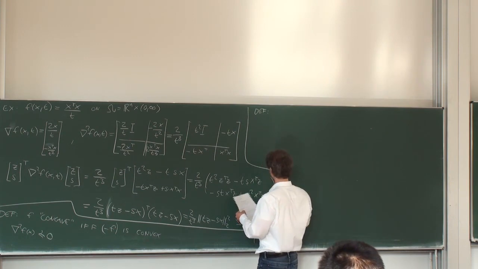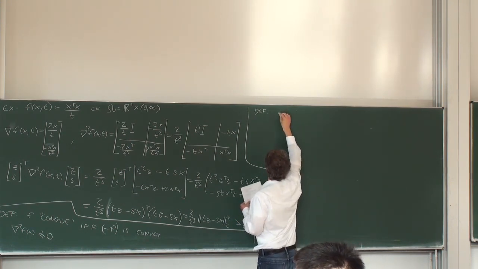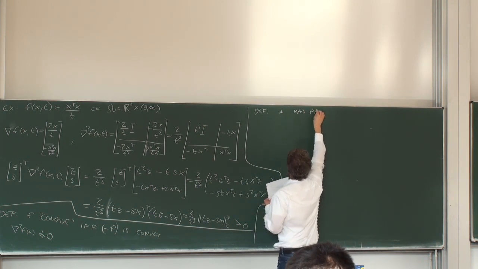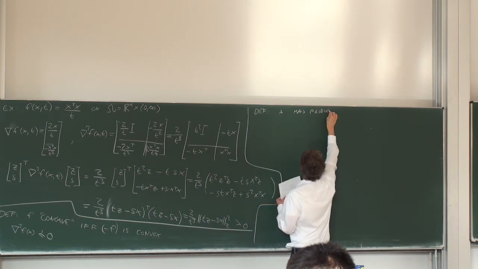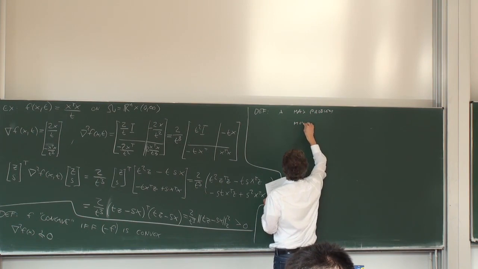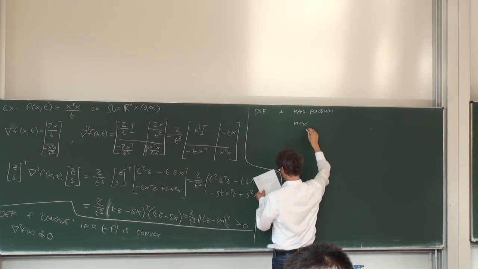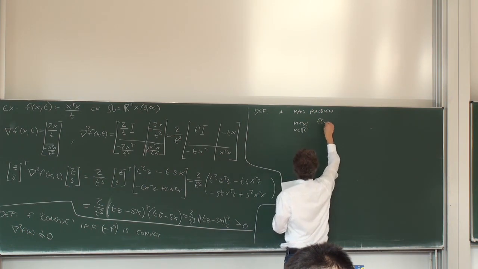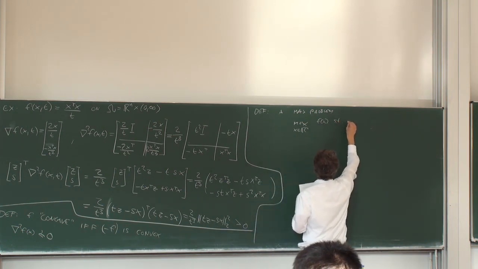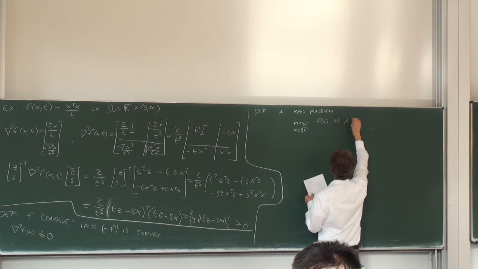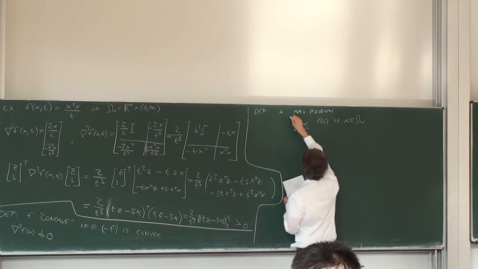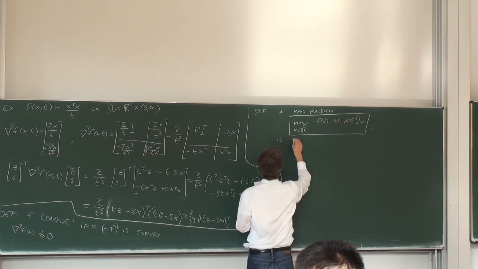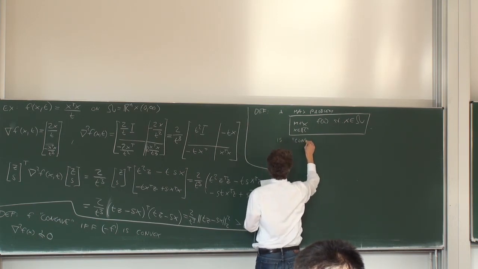But let us just state a maximization problem that you could write like this. Max for some x in R^n, some function f of x subject to some convex constraints in this case. This is a convex maximization problem.